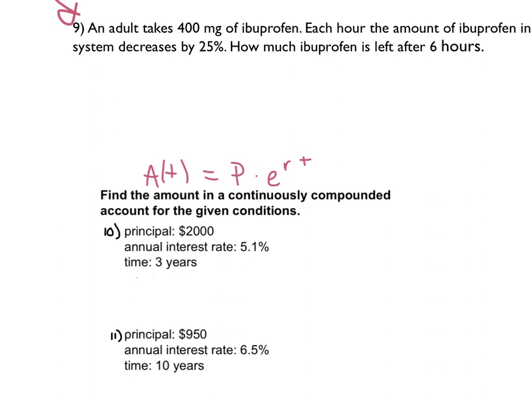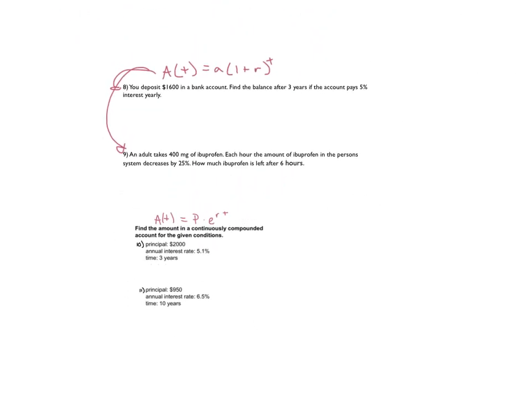So the principal, which here it gives you, e is just that variable that we have in our calculator, r is our interest rate, but remember it has to be the decimal, and t is our time in years. So we're using this formula for 10 and 11.